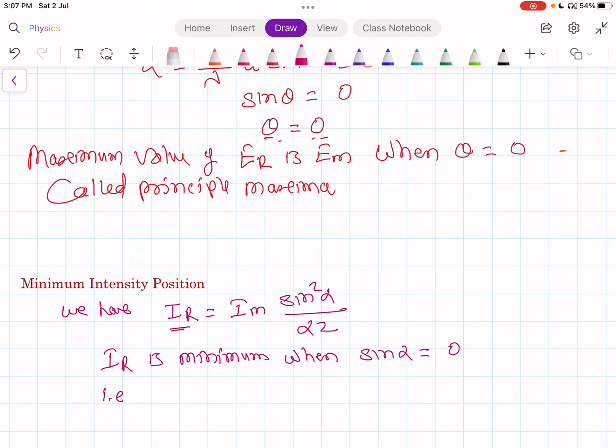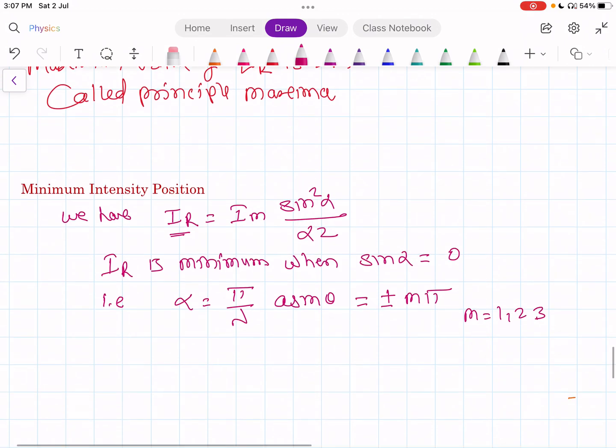That means the alpha, which is equals to pi by lambda a sine theta, should be equals to plus minus m pi, where m starts from 1, 2, 3, etc. So when this alpha is plus minus m pi, you get sine alpha 0. And when sine alpha is 0, the intensity is minimum.